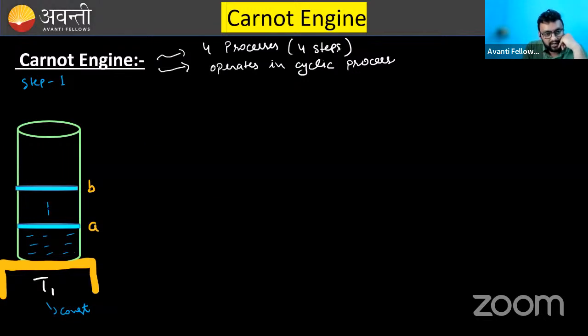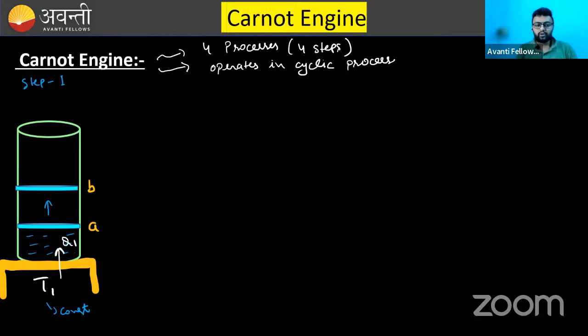Now, can you see that when the gas expands, its temperature will slowly decrease. And if the temperature decreases, then extra heat will be provided from this source. Let's suppose Q1 heat is provided.